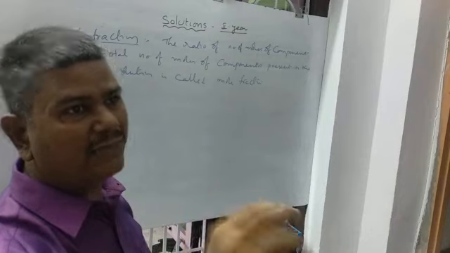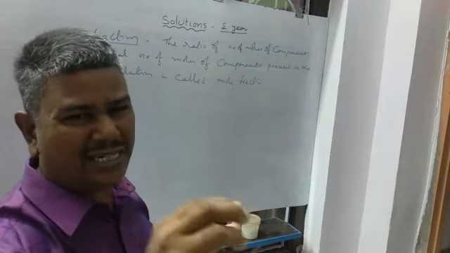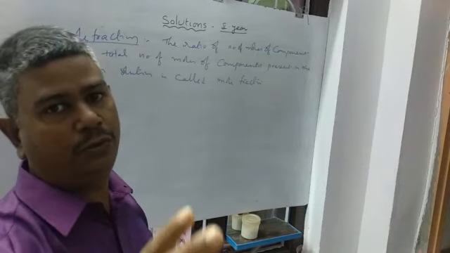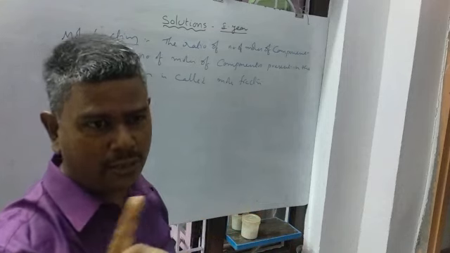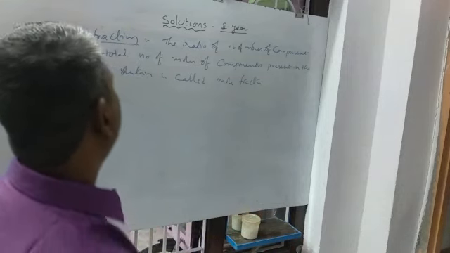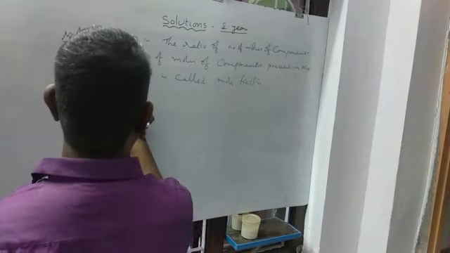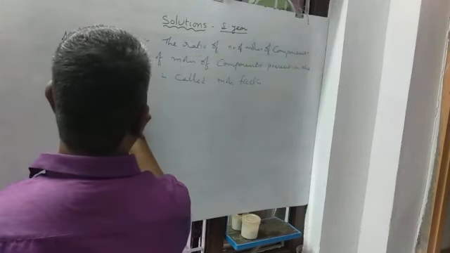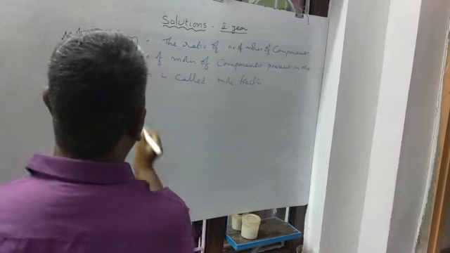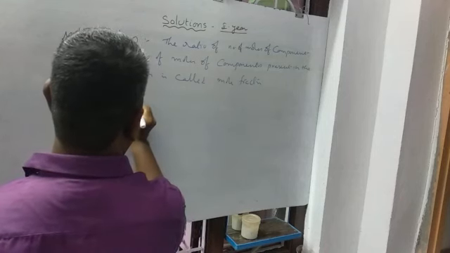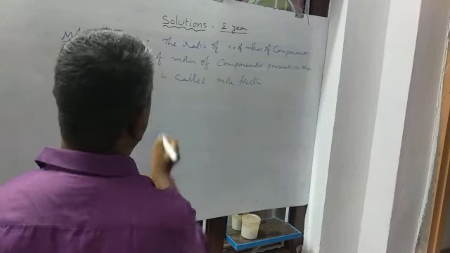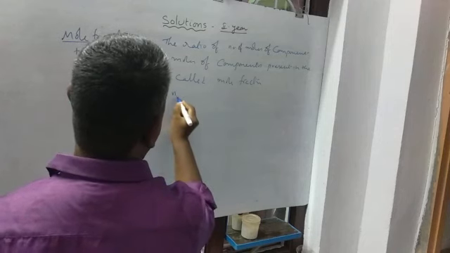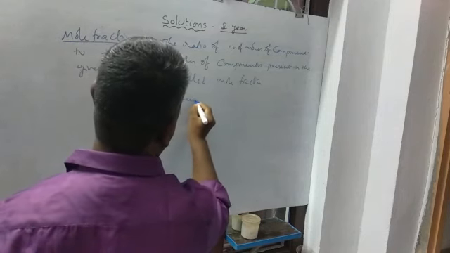So a given solution consists of at least two components. One is the solvent and the other is the solute. For example, here n moles of solute and n moles of solvent.